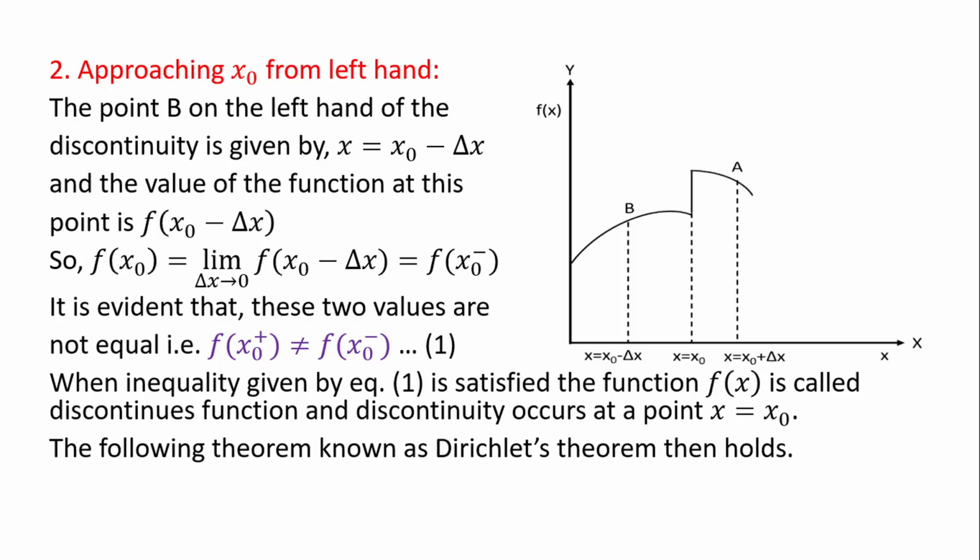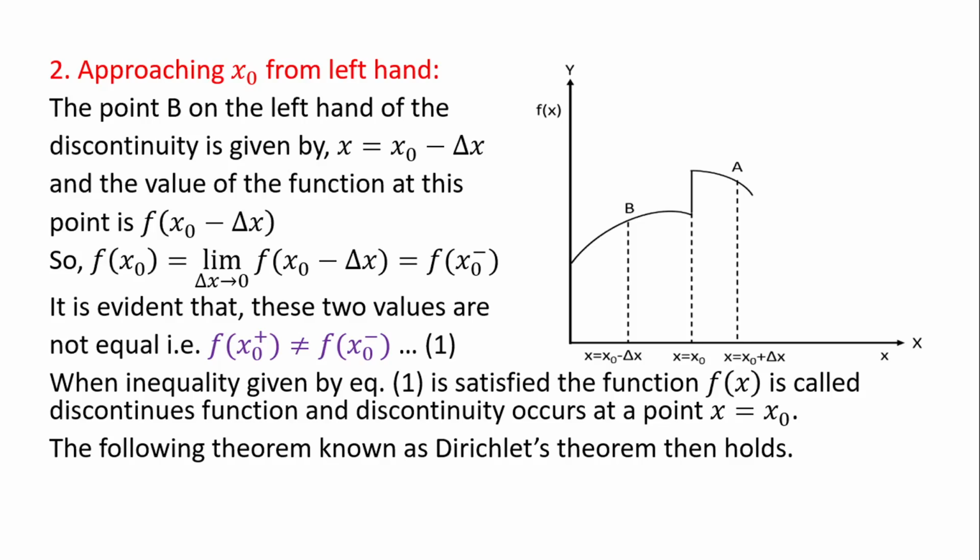Now function fx0 can be represented in terms of its value at x0 minus delta x by using function limit as fx0 equal to limit delta x tends to 0 fx0 minus delta x.